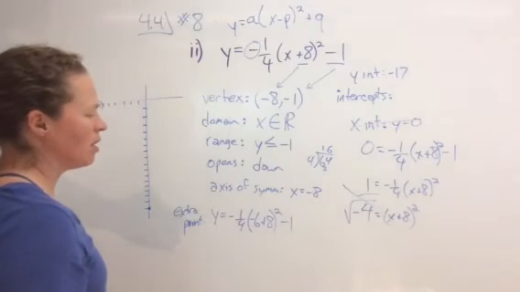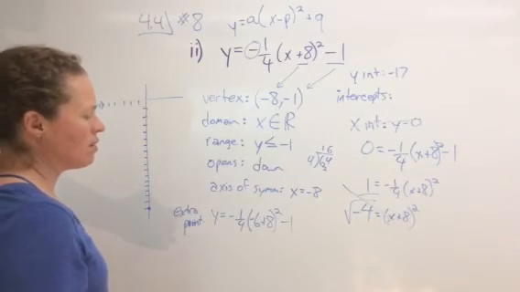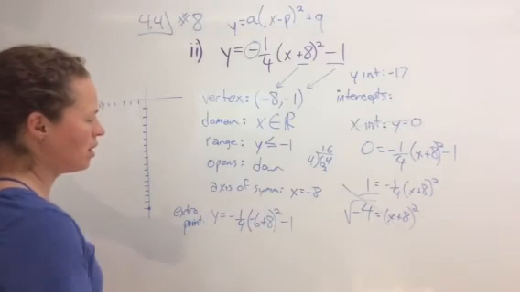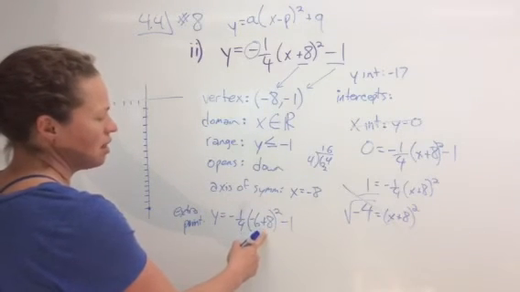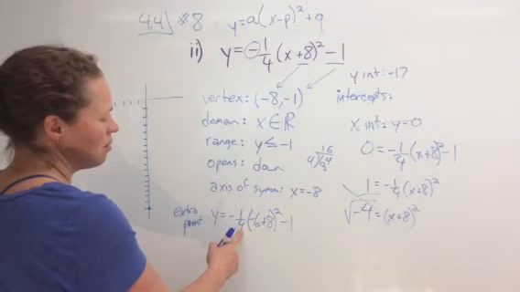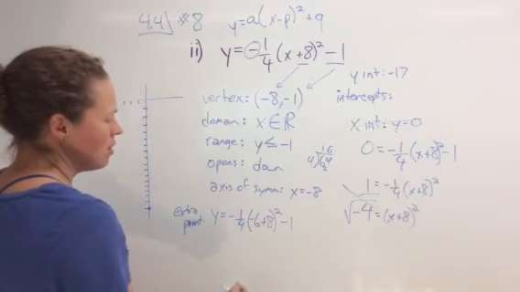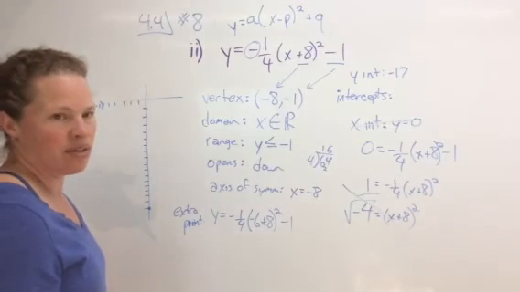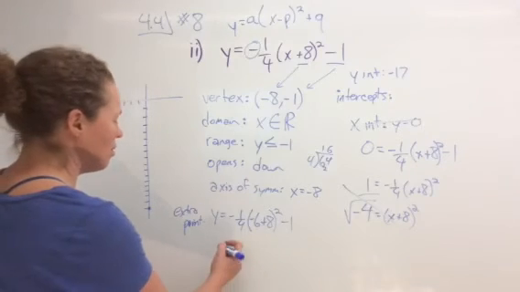This is just for our extra point. I choose -6 because I figure it's going to give me a whole number. Because if I go -6 plus 8, it's going to give me 2. Squared, it's going to give me 4, which is going to get rid of this. So you could choose any number and you'll just have a decimal. I just wanted to pick one that would give me a whole number.